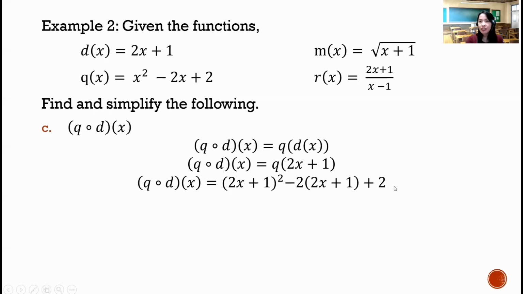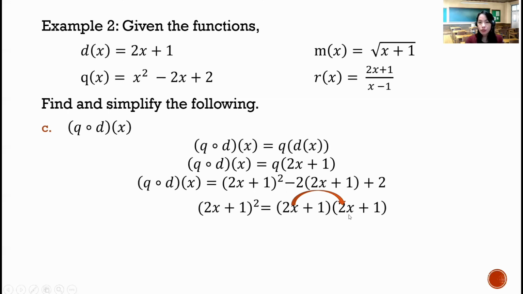So, from here, the first term can be simplified by having this quantity that is also equal to 2x plus 1 times the quantity 2x plus 1. So you can use here the FOIL method, meaning you're going to multiply the first term to the first term of the second quantity.